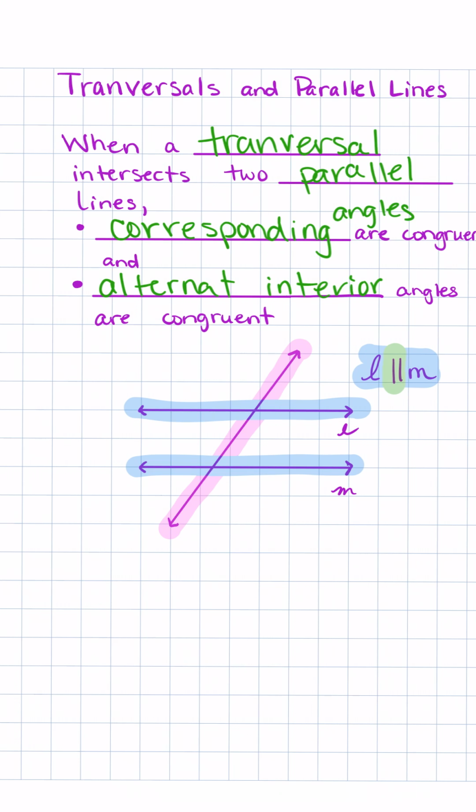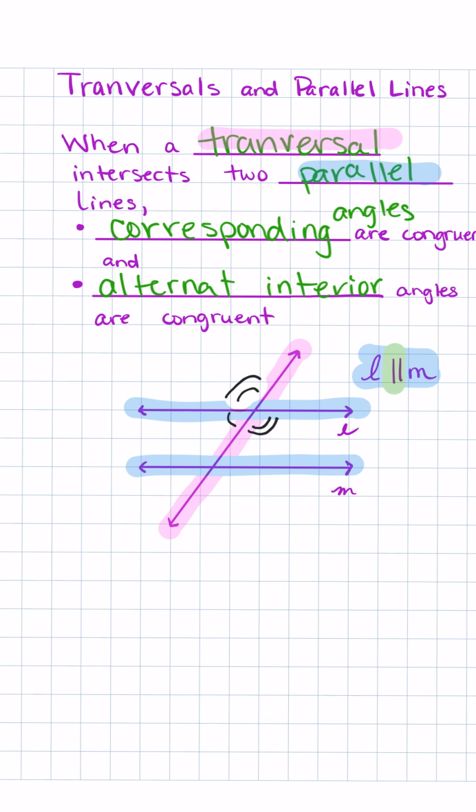So this says when a transversal, our pink one, intersects two parallel lines, corresponding angles are congruent. That means this angle is congruent, the same as this angle.